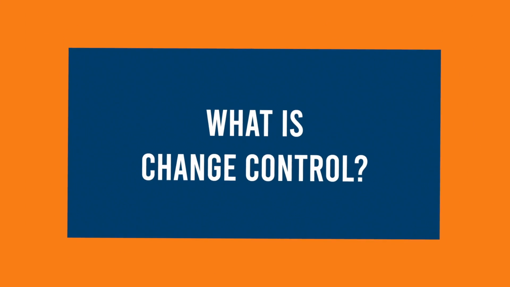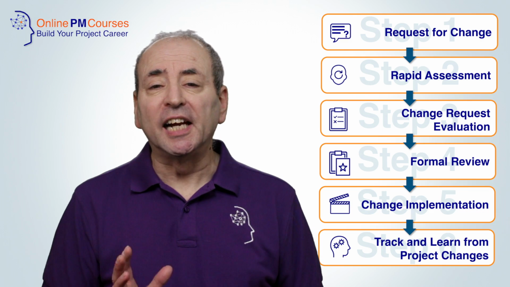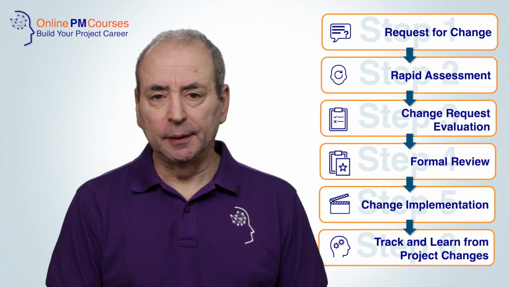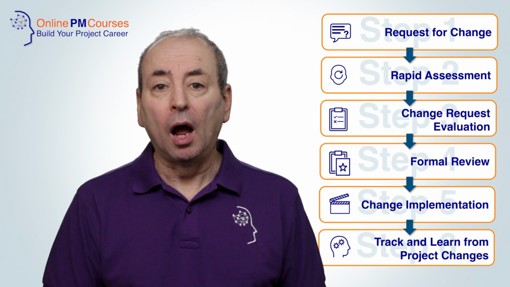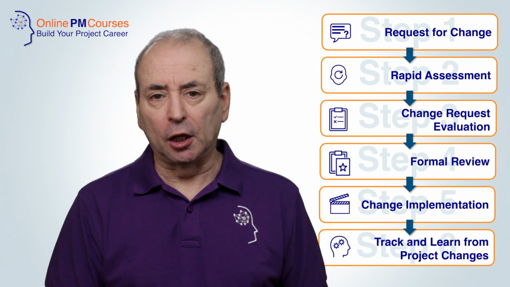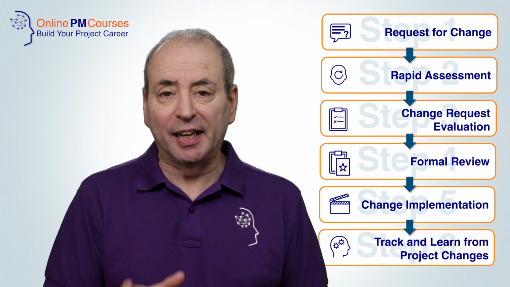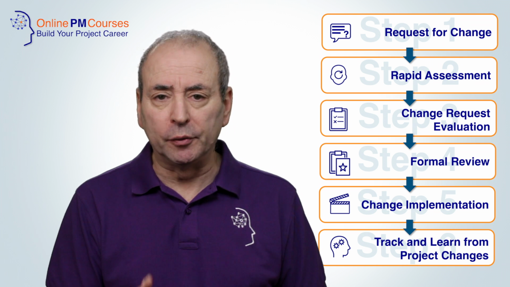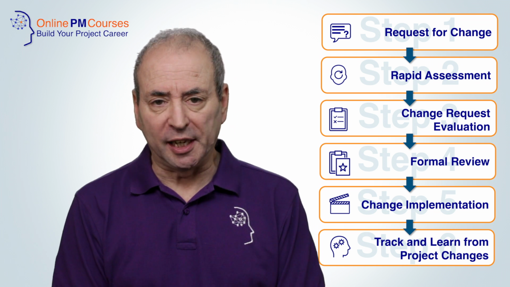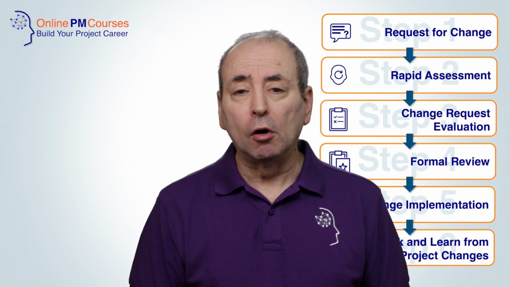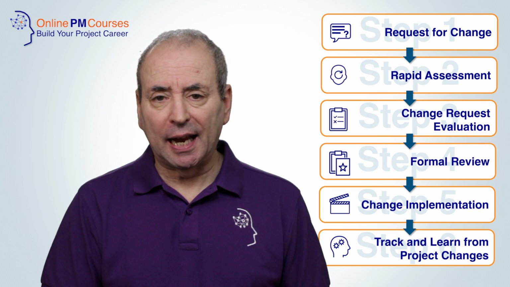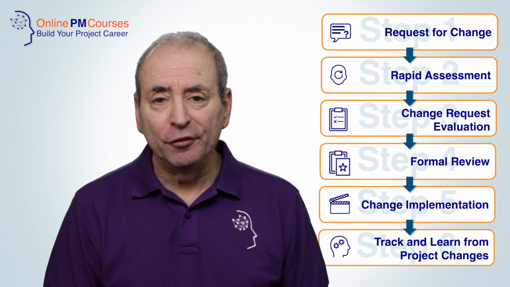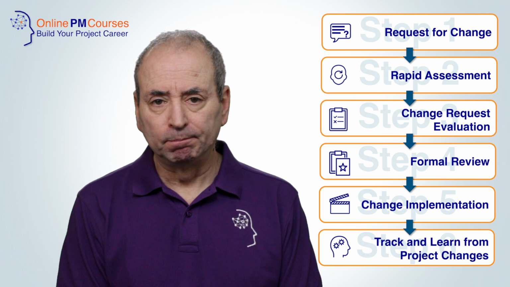What is change control? Project change control is a process. It starts with a request for change, a stakeholder asking for a change to the scope, to the functionality, to the specification, to the detail of what you are doing or producing on your project. Your change control process will capture that request formally, assess it rapidly to understand it, and then carry out a full and detailed evaluation.